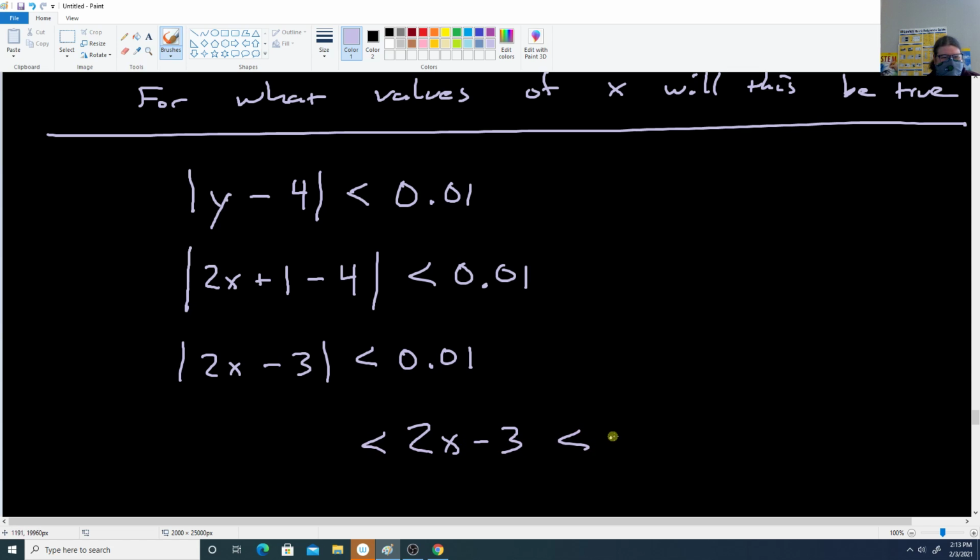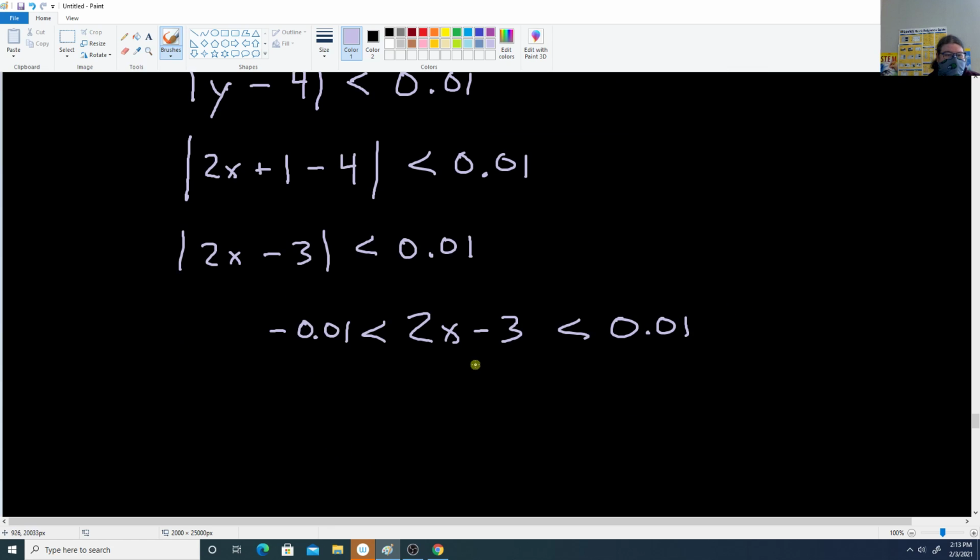We get that it's stuck between 0.01 and negative 0.01. So we're going to add 3 because our goal is to get the x by itself in the center. So 3 take away 0.01 would be 2.99 is less than 2x is less than 3.01. We divide everyone by 2.